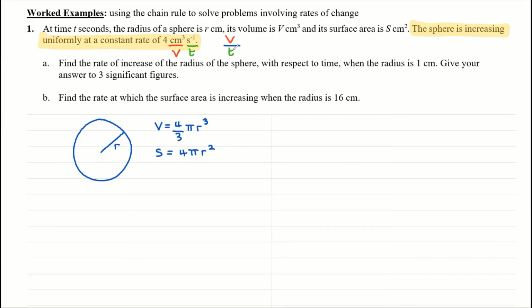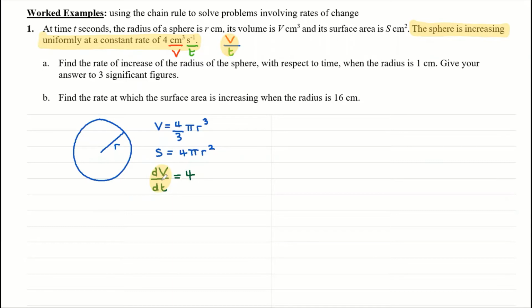So if the sphere is increasing uniformly at a constant rate of 4 centimeters cubed per second, we can write this down as dV by dt, and that is simply going to equal 4. That is taken from the information I've just deduced. So I've used everything in those first two sentences now, and I've created a little summary of all the information. Right, we're now ready to answer part A.